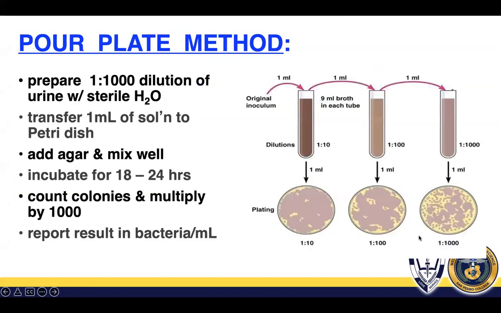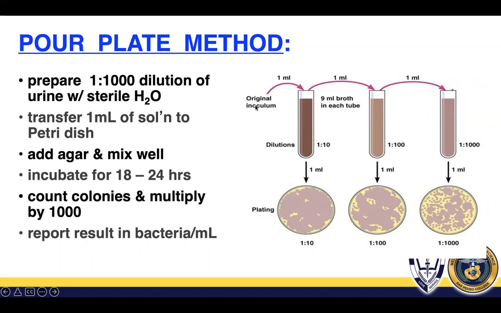Now, there's another method that you can use for urine culture: the pour plate method. Initially, prepare a 1:1,000 dilution of urine with sterile distilled water. How will you do that?